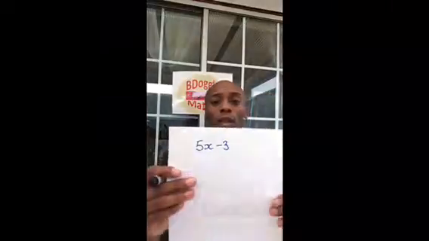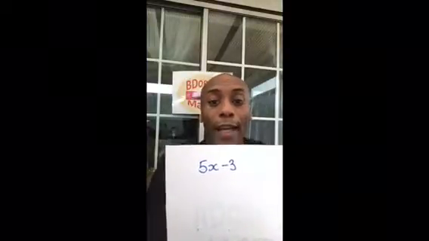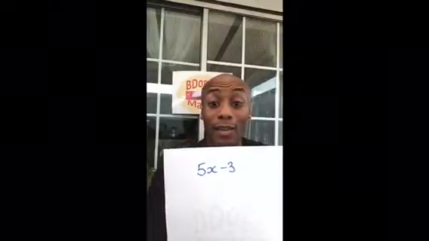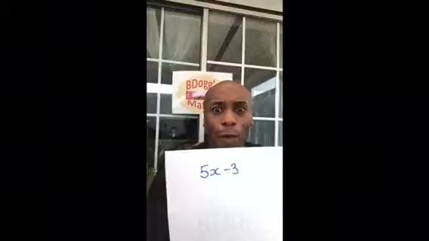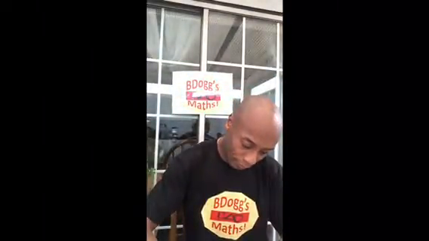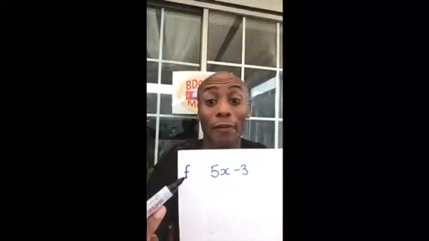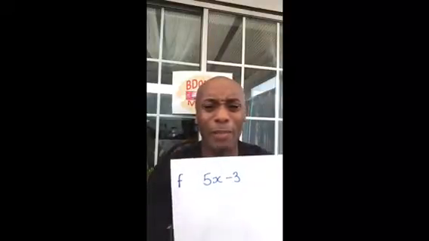If I use the function machine called f, and I put x into it, that's what will come out. And that's the notation. But I need to write that down so you know how to do that. So I'm saying that I'm using the function machine f. F and then this doesn't make sense.